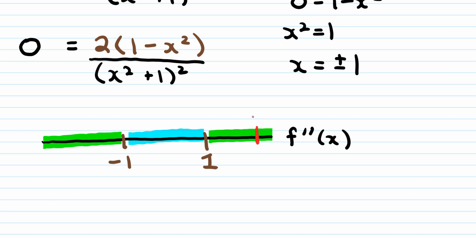However, if I test a region over here, such as 100, and plug that in, I get 2 times 1 minus 100 squared, and clearly the numerator will be negative, and the denominator is always positive. So the region on the left-hand side is going to be negative.